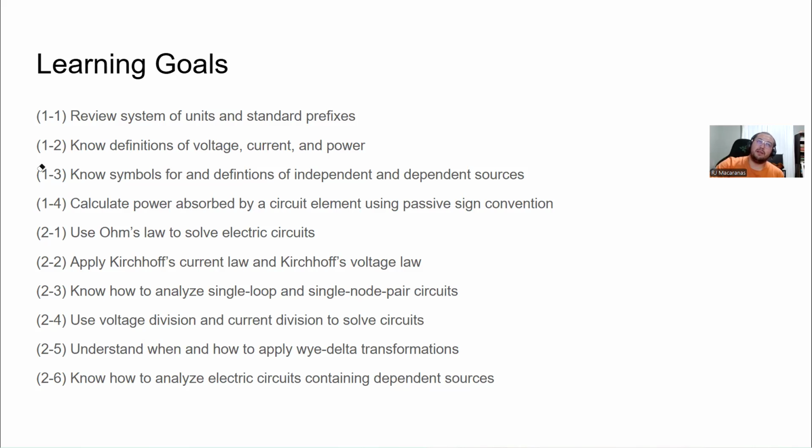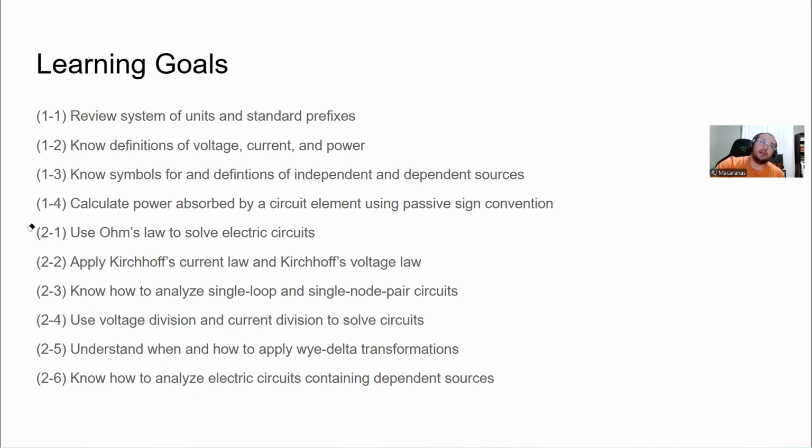So these are: what goes in must come out, and what goes up must come down. Pretty simple there. And obviously for all these chapter two learning goals, we're going to go through and look at the examples to get a better idea of them. So 2-3, we want to know how to analyze single loop and single node pair circuits.